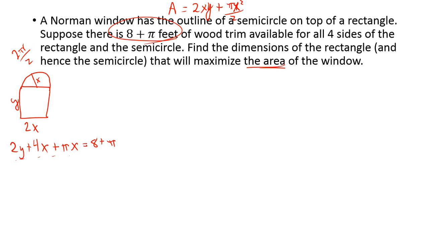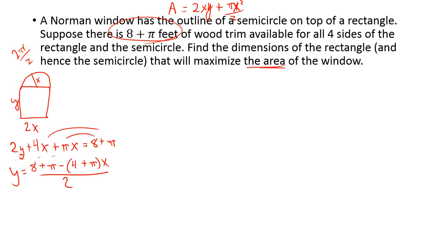The easier one to solve here would be y. Okay, so we're going to solve for y. Move these to the other side, divide by 2, getting us y is equal to 8 plus pi minus (4 plus pi) x, all over 2.